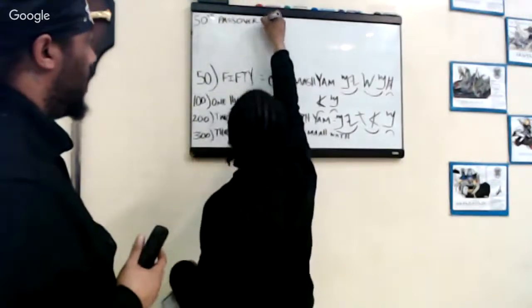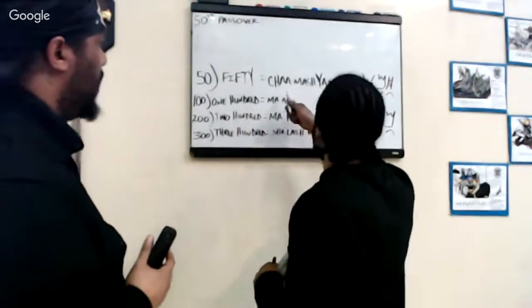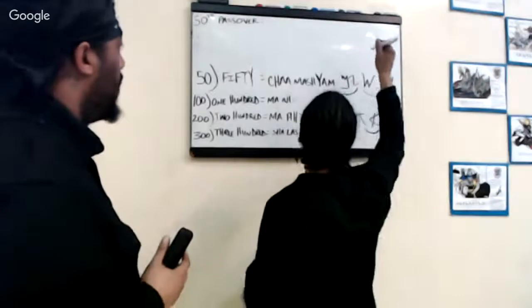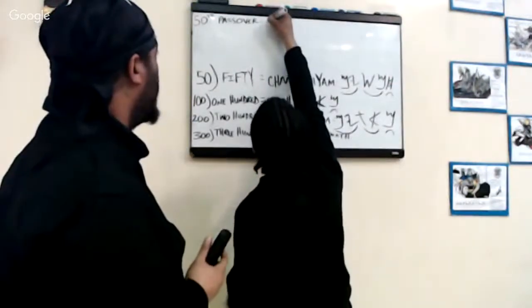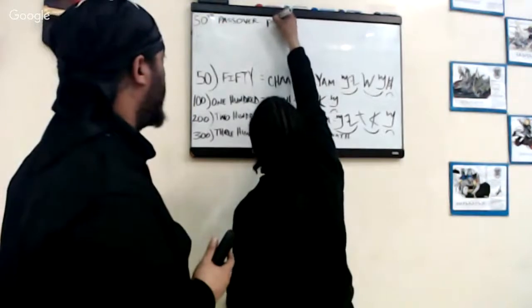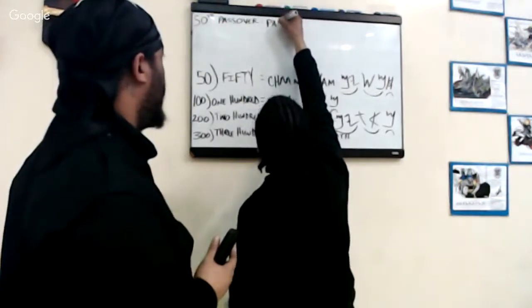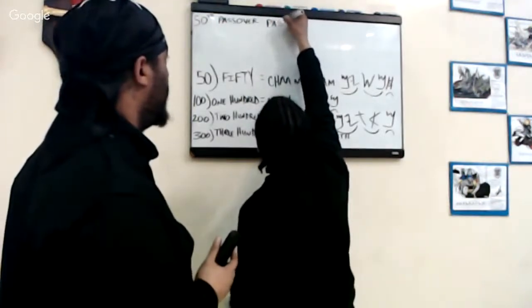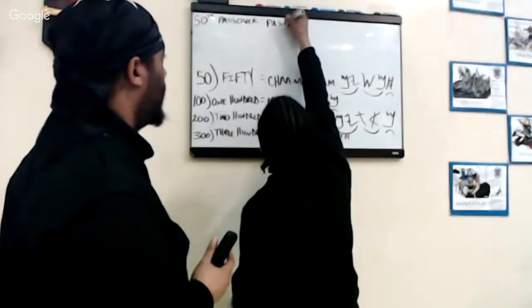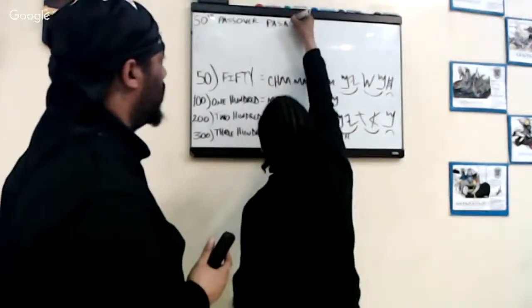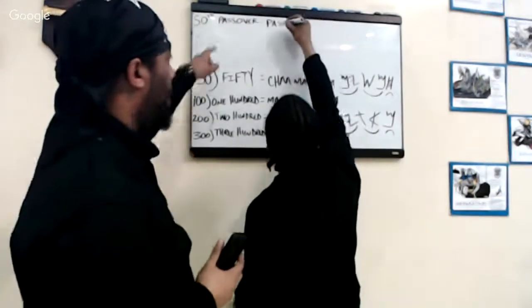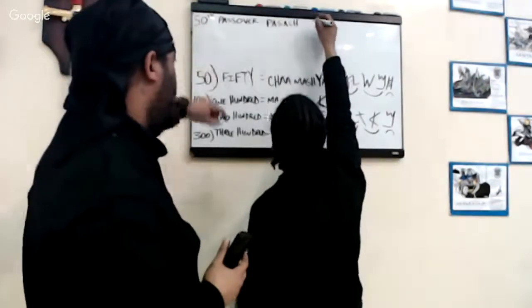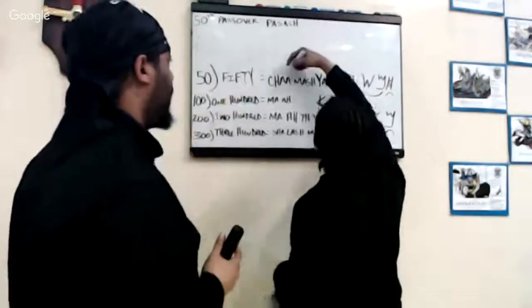We want to say Pasach, E-A-S-A-C-H. Pasach, which is Passover. Now we want to say 50, which is Hamashiach.